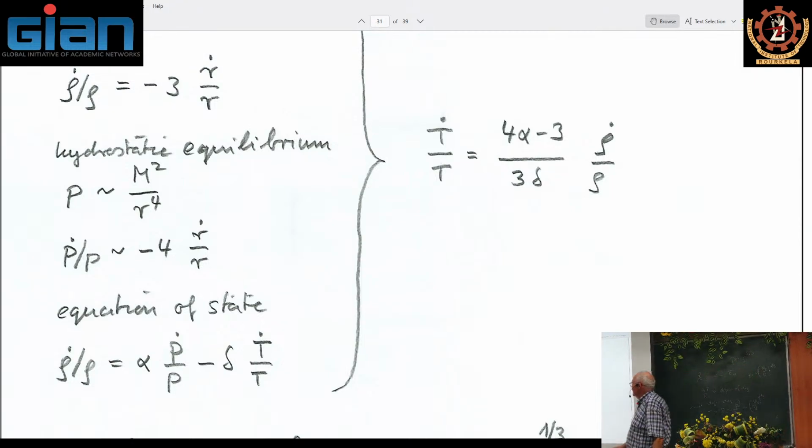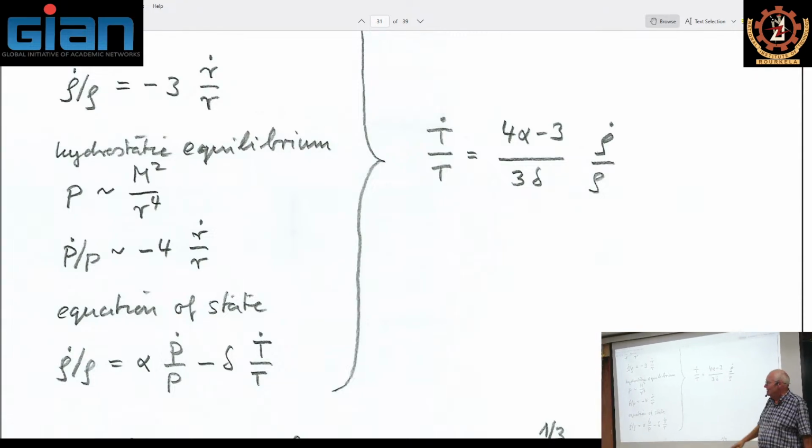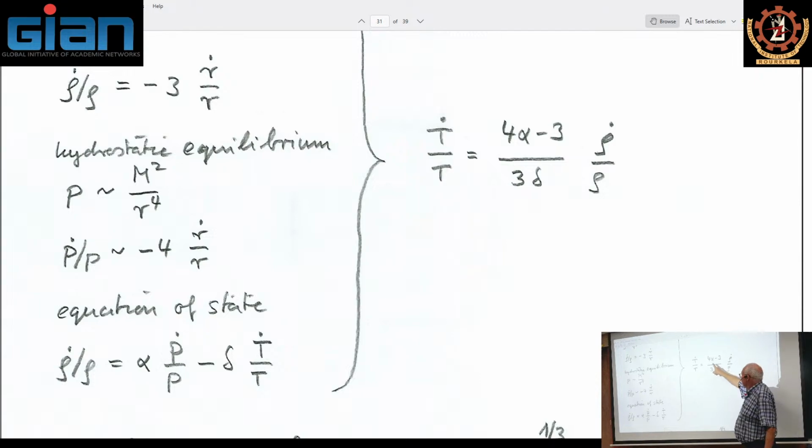Well, what we see here, this factor is 1/3 for the ideal gas. Now let's have a look at what happens. The numerator will change sign at which value of alpha? Alpha equals 3/4, then T dot over T is 0. So we have a change of sign.